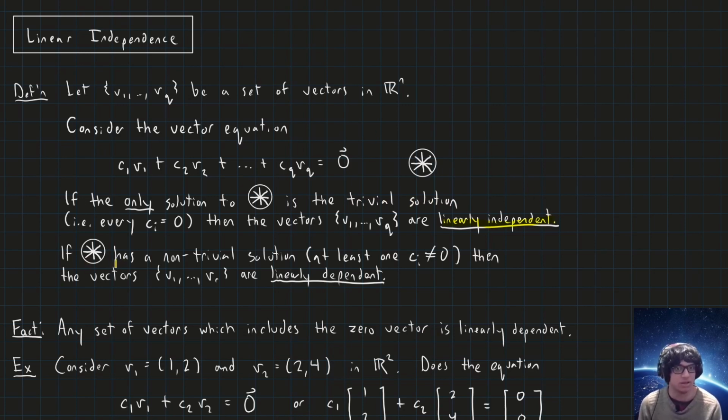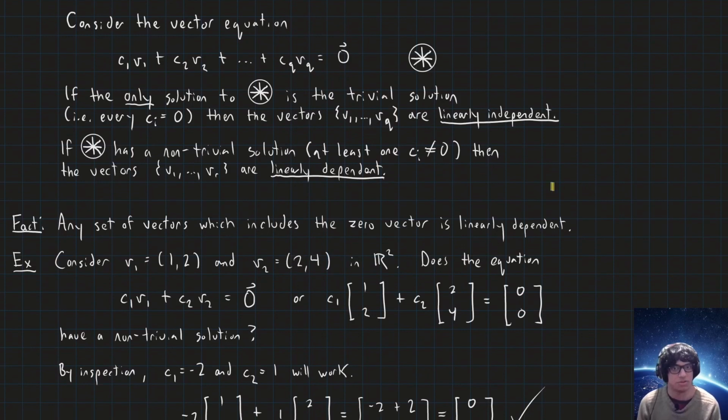Otherwise, if this equation has a non-trivial solution, meaning at least one of the c's is non-zero, then the vectors are called linearly dependent. So I have to look at this equation, analyze the possible solutions, and then conclude that the set of vectors is either linearly independent or dependent.